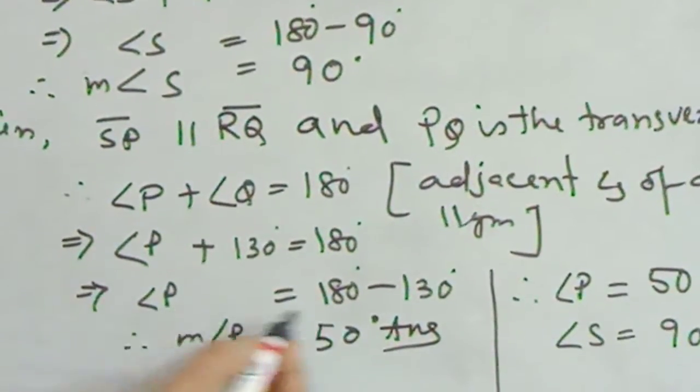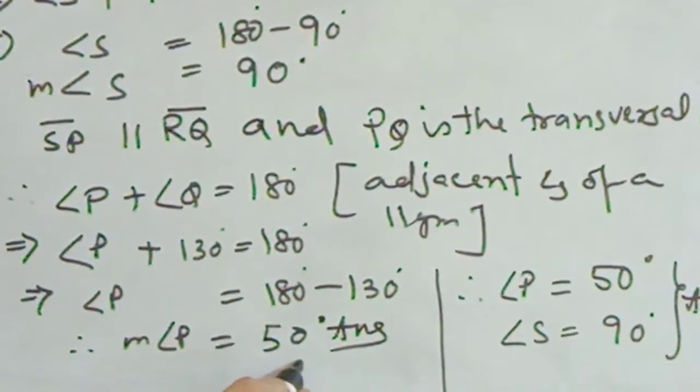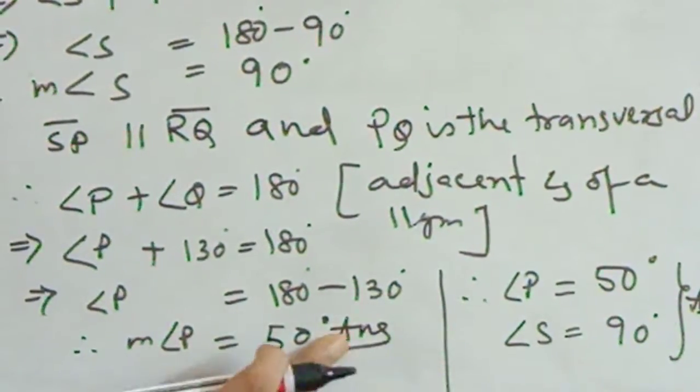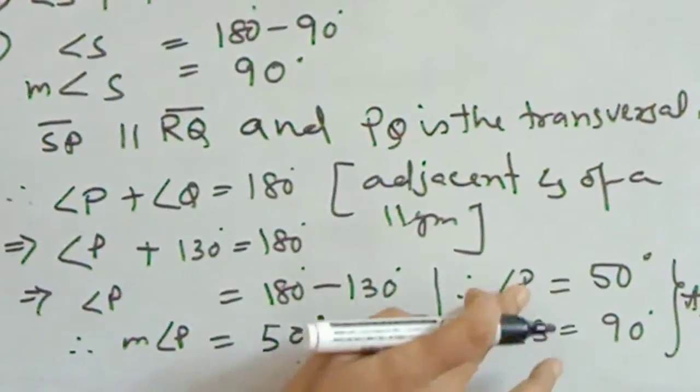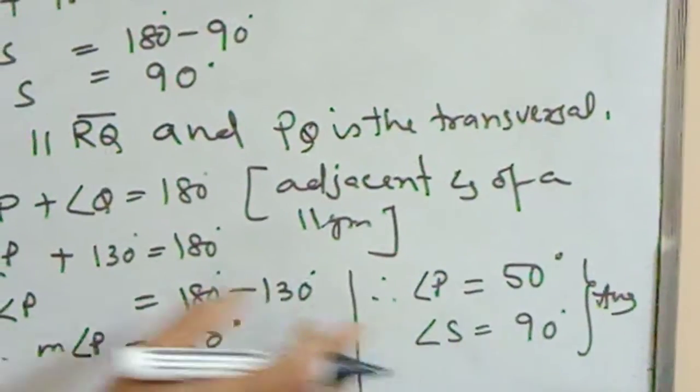Therefore angle P is equal to 180 minus 130, that is 50 degrees. So separately you can write the answer here: angle P is 50 degrees, and the measurement of angle S is 90 degrees.